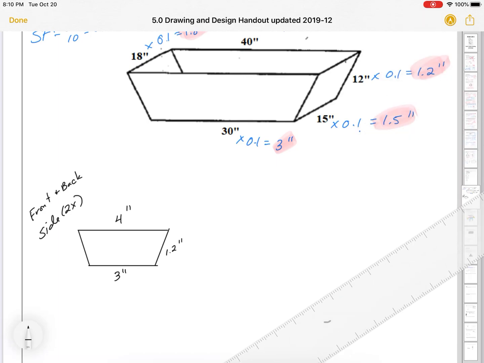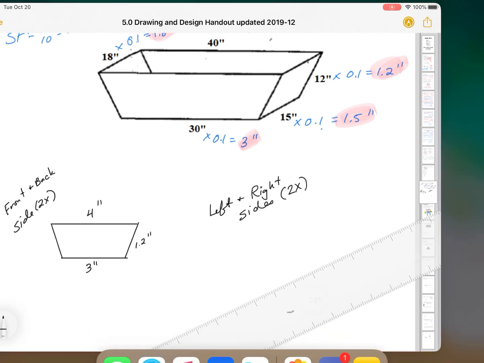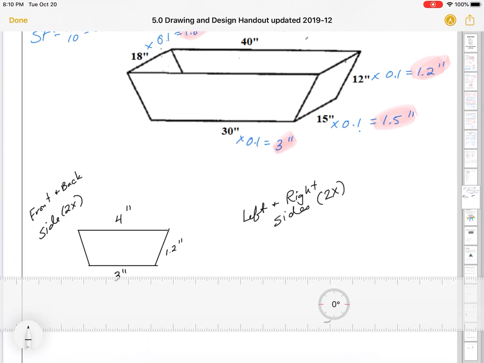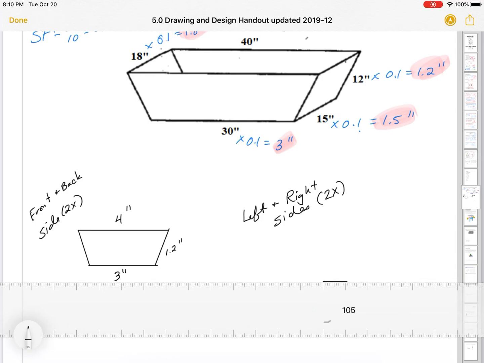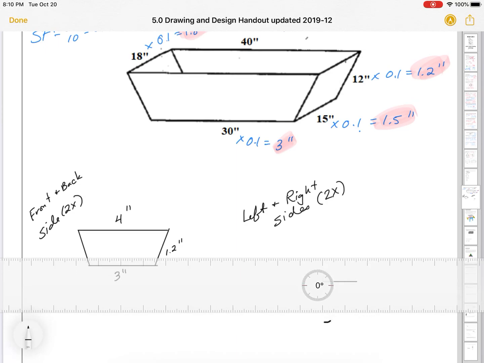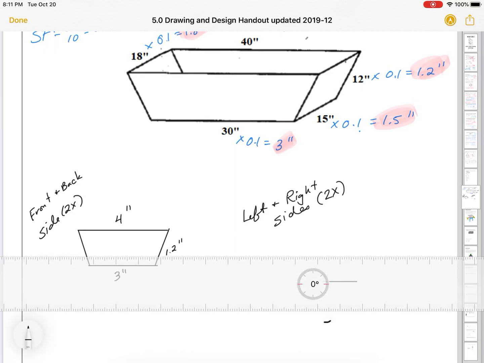Okay, now we have our left and right sides. And we again have 2 of them. So for our left and right sides, using our ruler, our bottom is 1.5 inches, and our top is 1.8 inches. And I'm unfortunately eyeballing it.